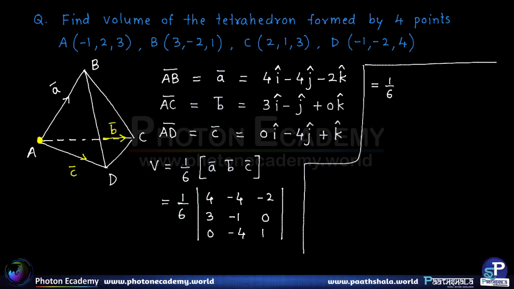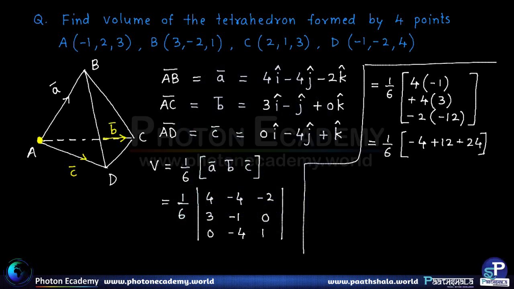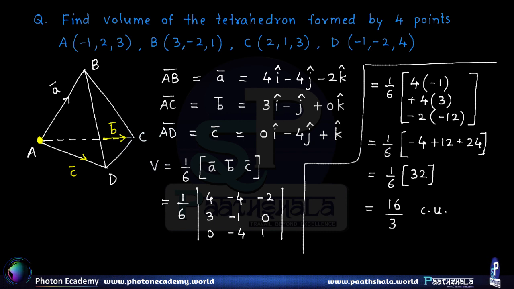That is equal to 1/6 [4 into (minus 1) plus 4 into (3) minus 2 into (minus 12)], which is equal to 1/6 [minus 4 plus 12 plus 24], which turns out to be 1/6 into 32. So cancelling 2, we have 16/3 cubic units. So that's the volume of the given tetrahedron.